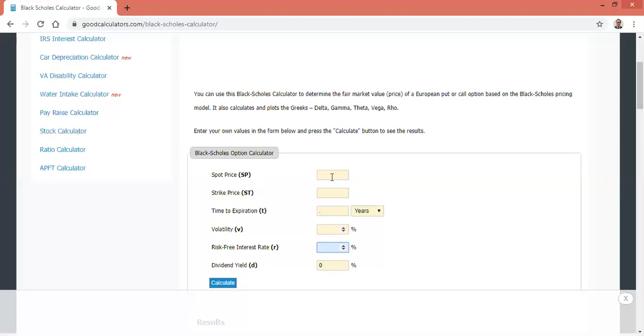So let me put the values. Spot price 25, strike price 10, time half year, volatility 60%, in percentage you have to put it, risk-free rate in percentage you have to put it, and dividend as we have assumed 0. Although as I told you, we can liberate that condition also.